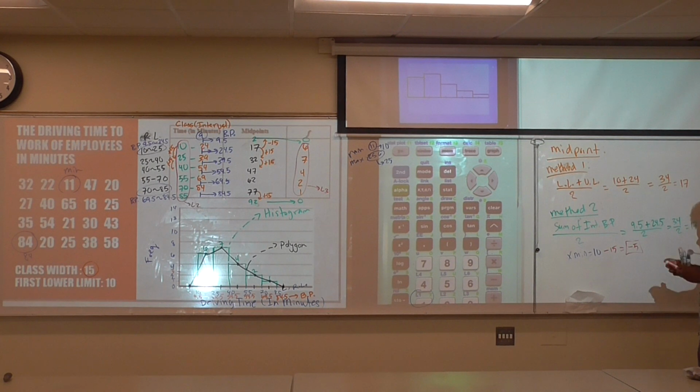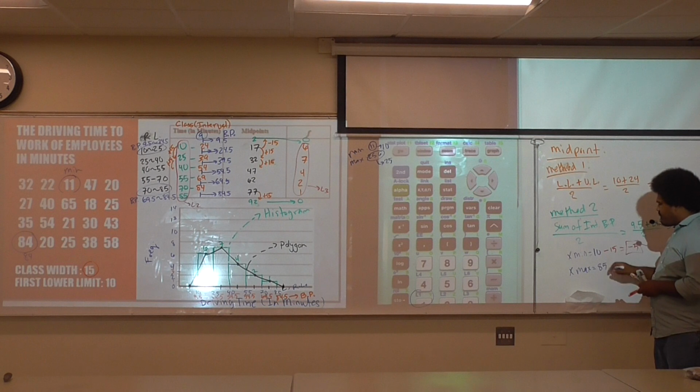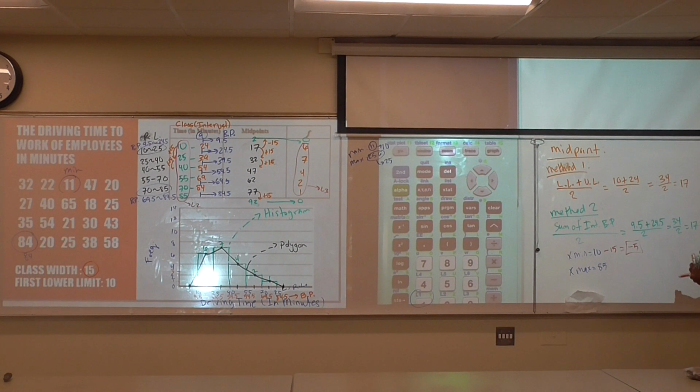And when it comes to the x max, which was supposed to be 85 for the real upper limit, I'm going to add 15 to it to get one more to the right. This is what I typically do so I can get the histogram to be inside, and then I can also draw a polygon corresponding with it. And over here, I'll do the same thing, and when you add together, we end up getting 100. So that's what we end up getting.